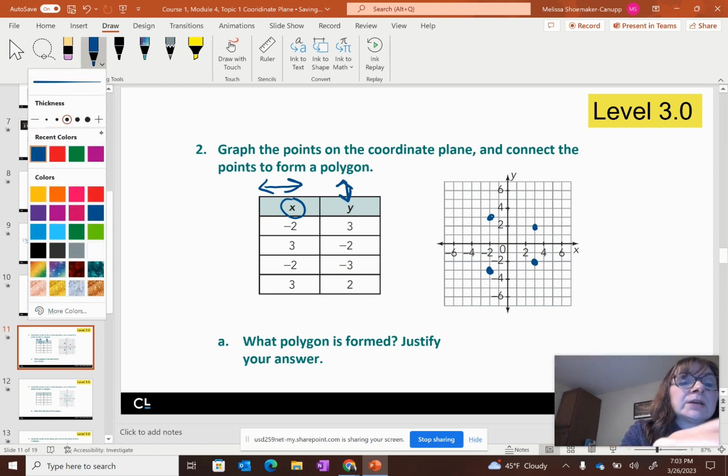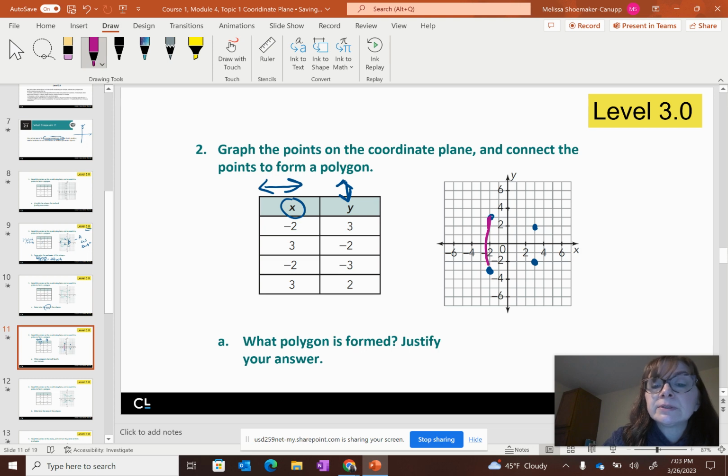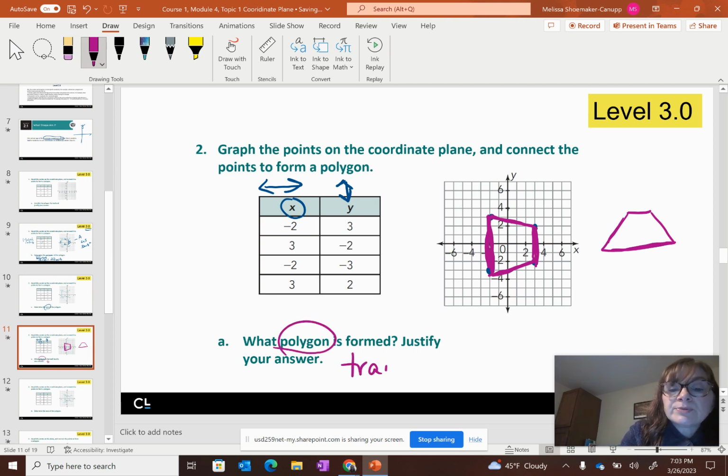Now, I'm going to connect these. I'm going to try to go straight. There we go. And then this is straight up and down. And then this is kind of slanty and this is kind of slanty. So I'm getting a trapezoid feel here. It looks like this, only it's turned on its side. So what polygon? Trapezoid.